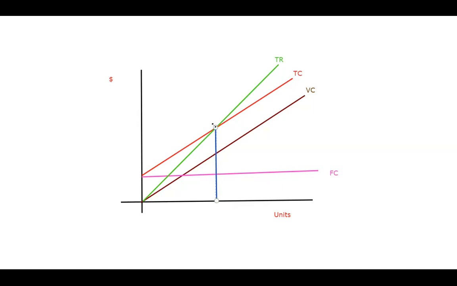Why is this the break-even point? Where total revenue and total cost are the same. That is our break-even point. So these many units we have to produce, break-even units. And how much? This is our how much. How do you get this number? Just multiply the units, that's it.